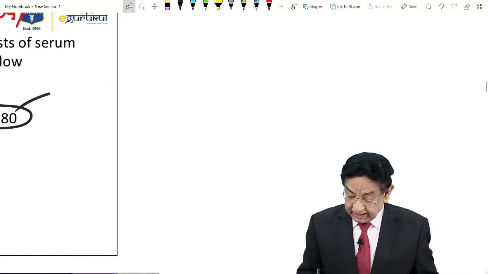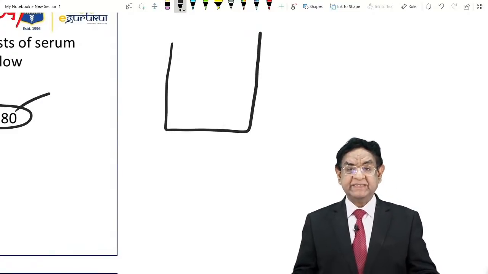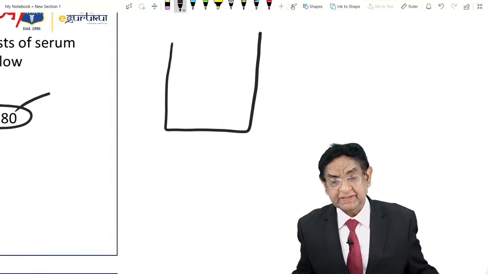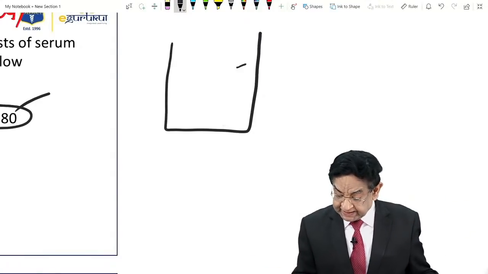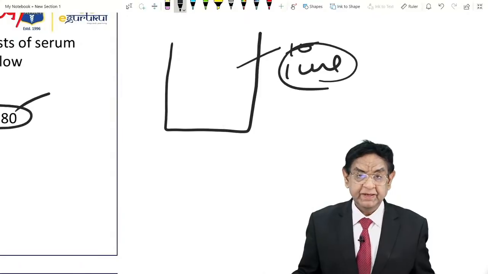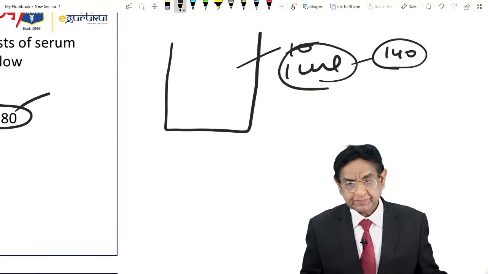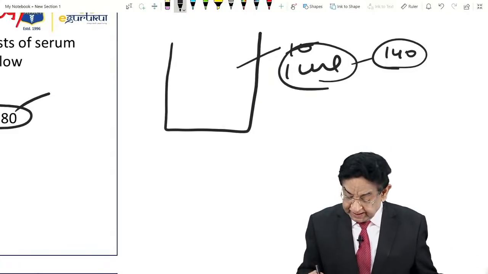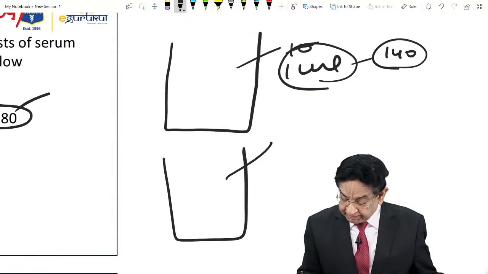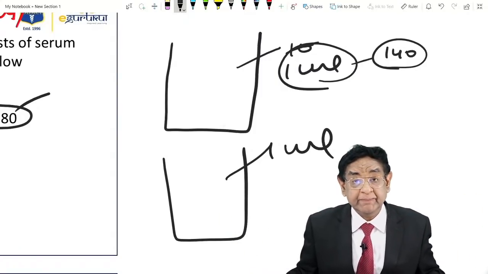Now let me explain to you how the serum sodium can be low. I have taken a blood sample of a normal person. I take 1 ml of the blood sample, and it has sodium of 140 milliequivalent. Now I take 1 ml of the blood of a patient who has a very high amount of lipid in the blood.